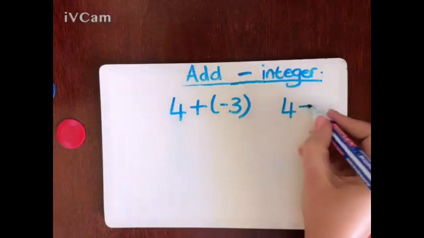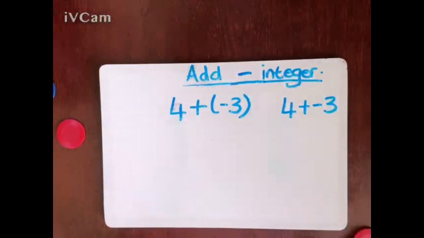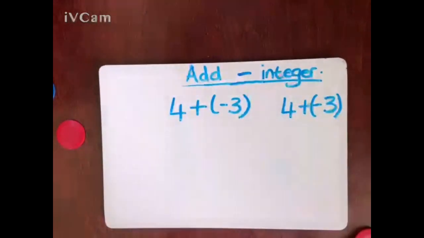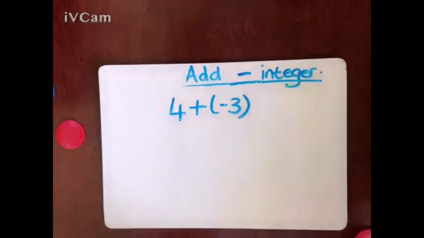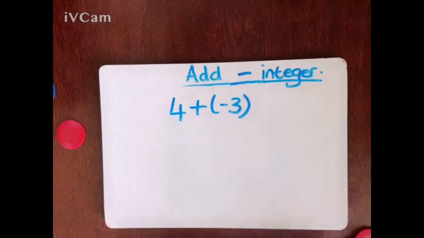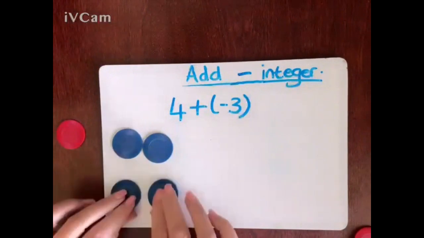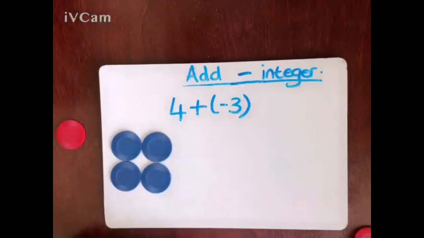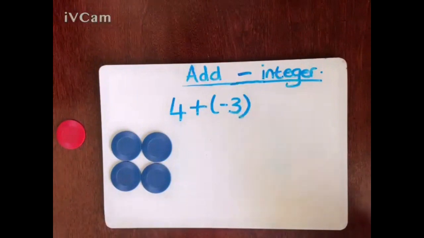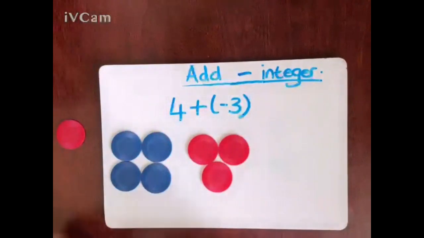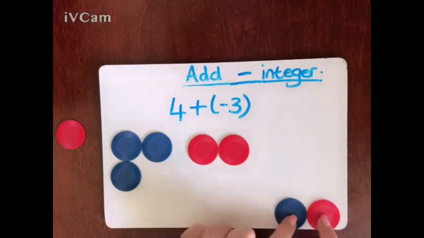So remember, if I want to write this, 4 plus minus 3, I need to put this into brackets to indicate that that is my negative number. Right, so what am I doing? I'm going to model this. 4 positive discs, and I'm going to add 3 negative discs. All right. So what am I doing with this situation? How do I count them? By making zero pairs.